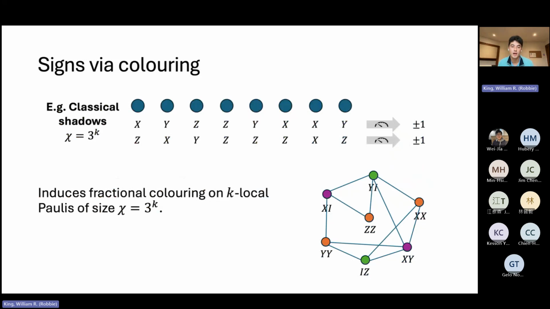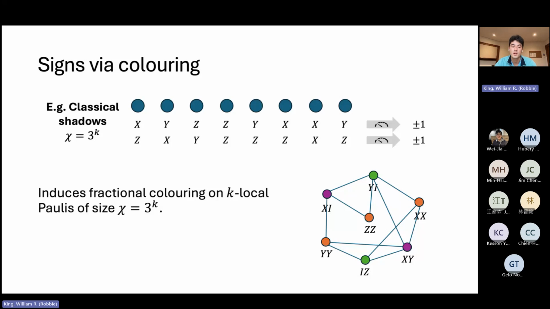So, for example, the first one here, we have x, y, z, z, y, x, x, y. So any Pauli which consists of these ones, like x tensor y tensor identity everywhere else, for example, will appear in the independent set. So this is a particular way to get a fractional coloring.